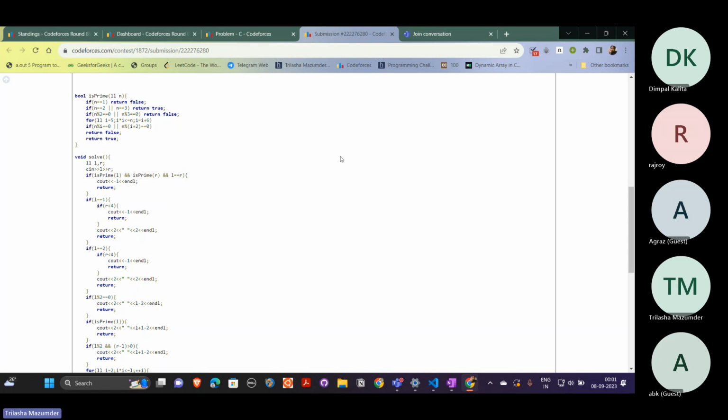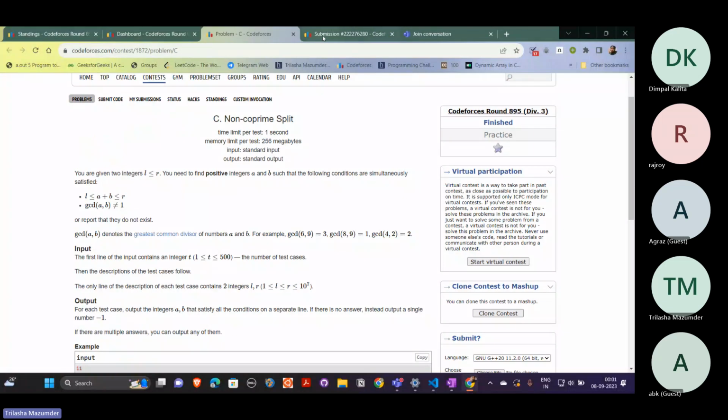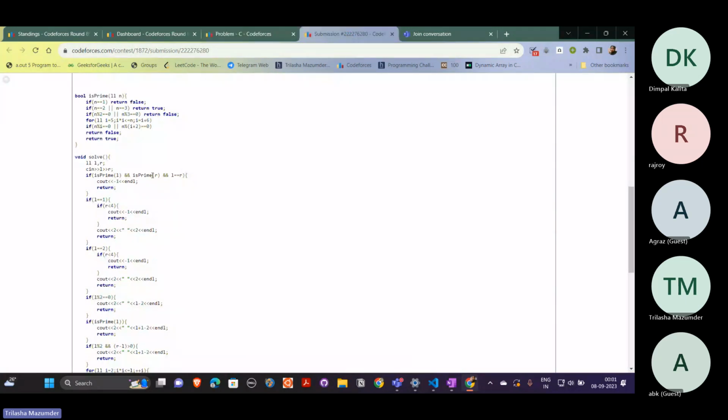Then their common factor will always be 1 and the number itself will be the highest common factor. So they will never satisfy the condition GCD not equal to 1. You will not be able to satisfy these two conditions if two equal prime numbers are given. So this will be a -1 condition.